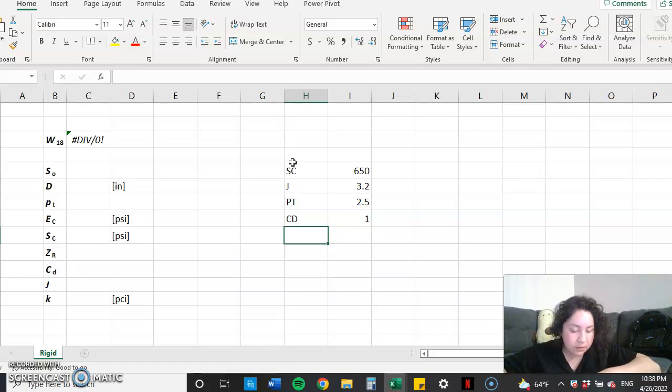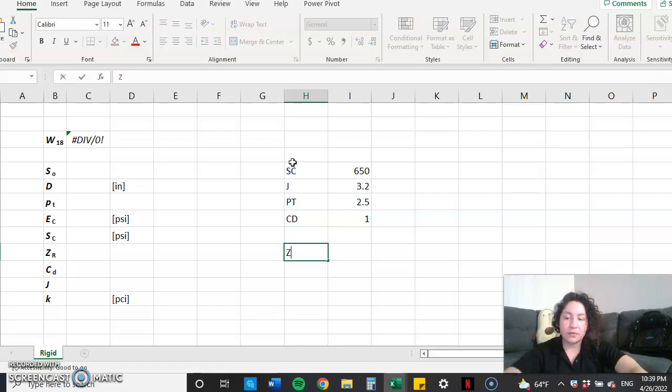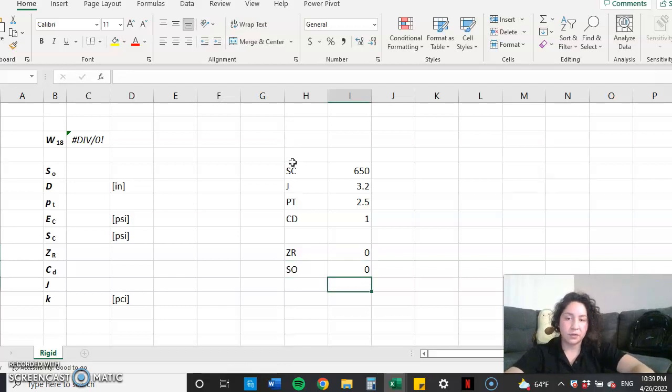Determine the performance traffic by the final equation without the reliability term. So that means our ZR and S0 are 0 because those are our reliability factors or term.